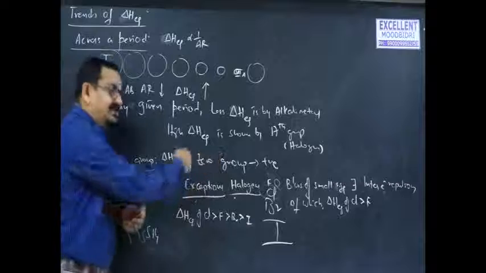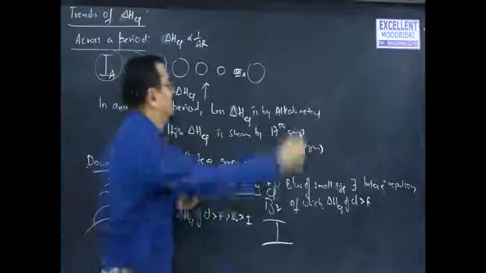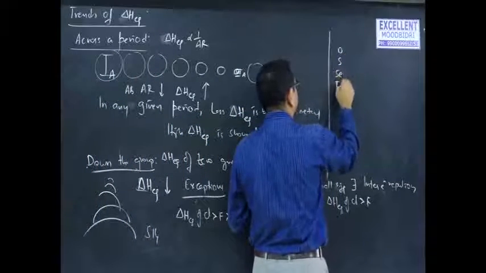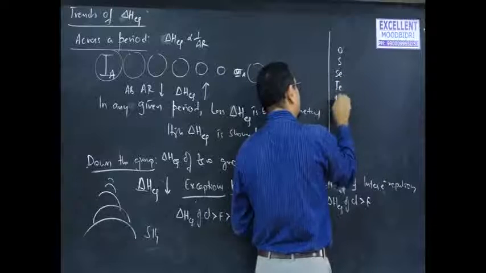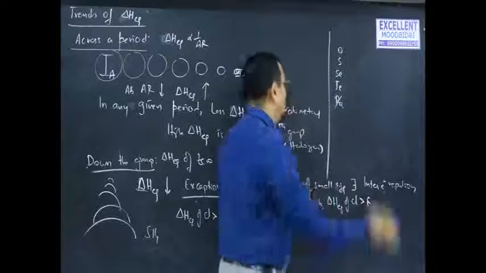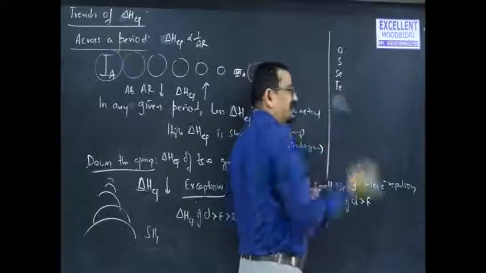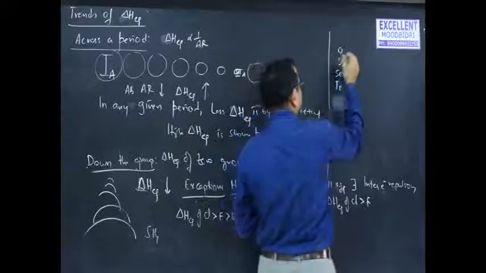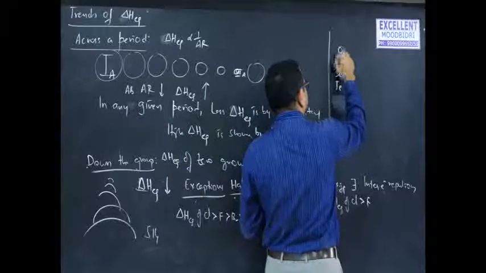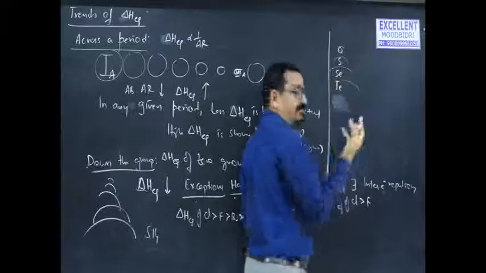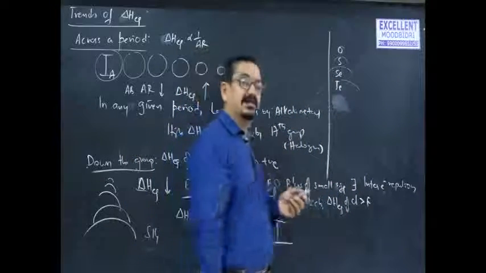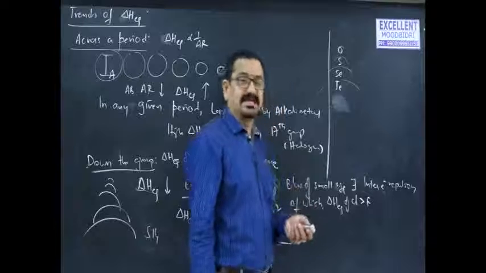Similarly, what is the previous group of halogens? The 16th group: oxygen, sulfur, selenium, tellurium and polonium. Anyhow, polonium is a radioactive element, so its chemical properties were not studied completely. Among these, oxygen is the smallest one, so one expects oxygen to have high electron gain enthalpy, yes or no?